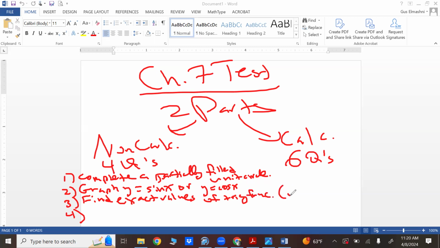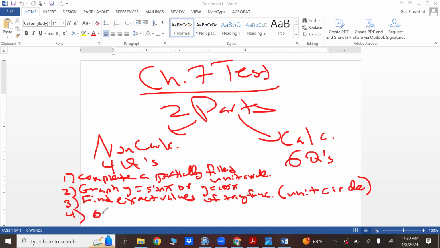That's basically using the unit circle. They'll have like 3 or 4 parts, like find me the sine of 225, or find me the cosine of 180 degrees, or find me the sine of 3 pi over 4, something like that.